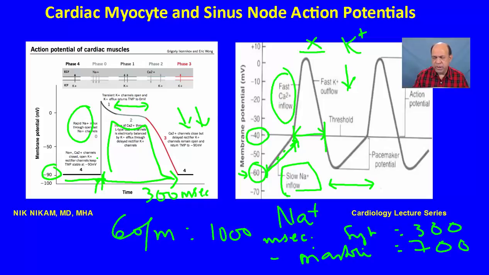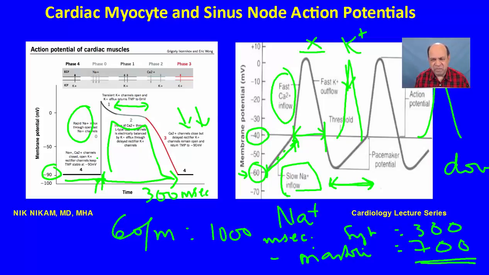When you give atropine, it reduces the vagal stimulation of the heart. As a result, it is going to shorten the duration of your diastolic phase from 700, and that is why you are able to bring the next sinus node impulse much faster, something like this. As a result, you can basically double the heart rate in a matter of minutes.